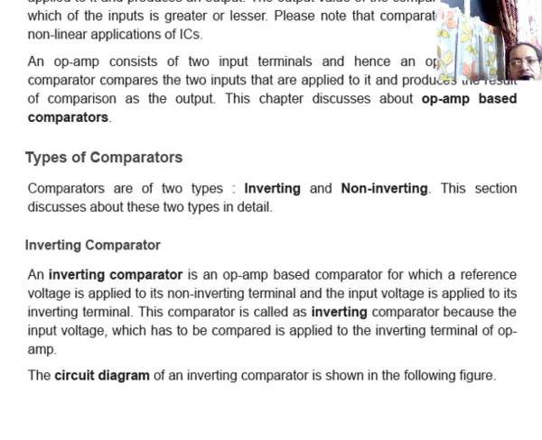An inverting comparator is an OPAMP based comparator for which a reference voltage is applied to its non-inverting terminal and the input voltage is applied to its inverting terminal. The comparator is called an inverting comparator because the input voltage which has to be compared is applied to the inverting terminal of the OPAMP. So now I will show you the circuit diagram.